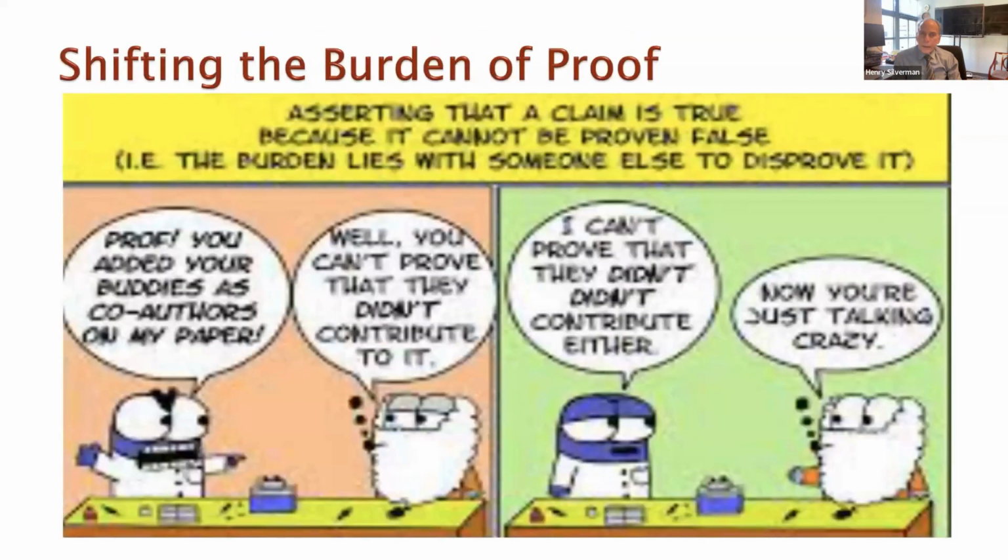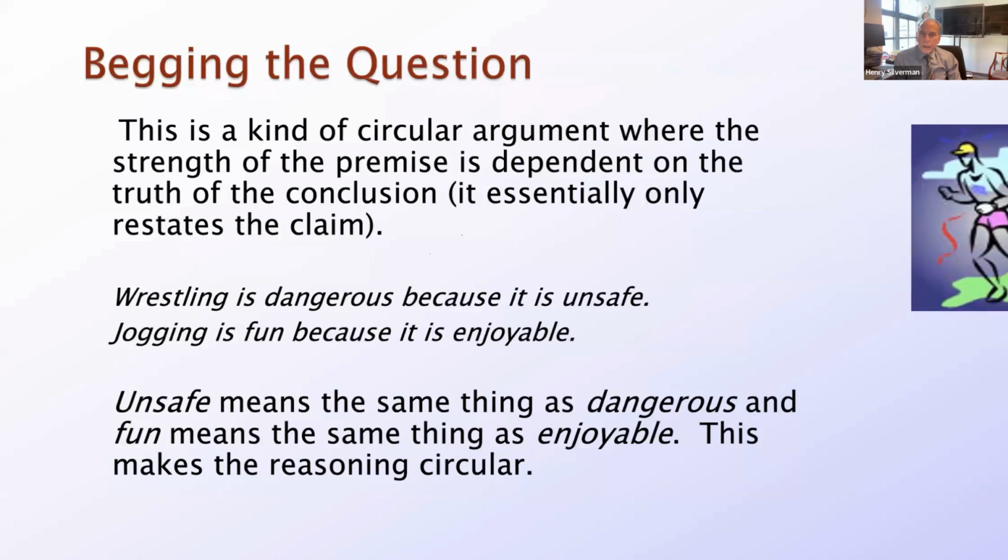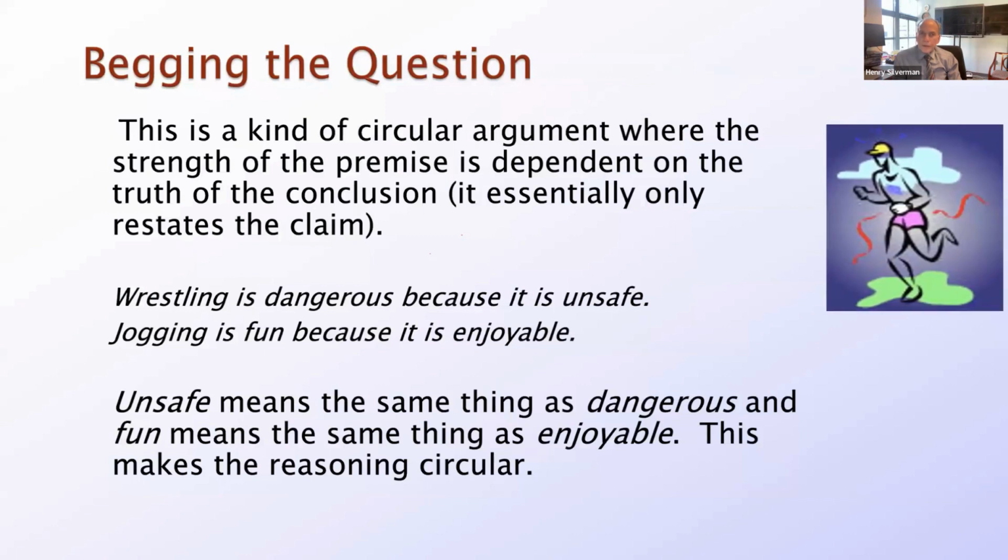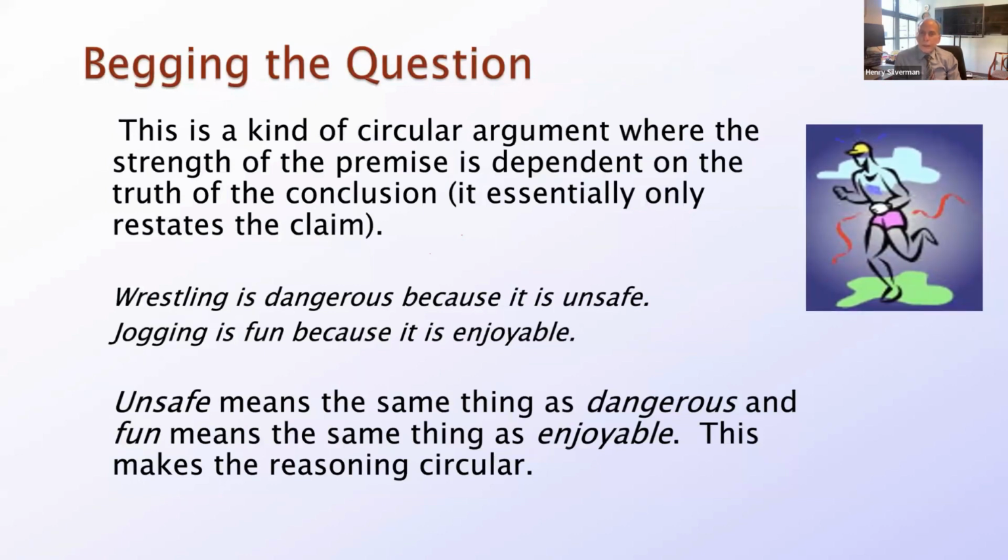And let me end by this, begging the question. This is a kind of circular argument where the strength of the premise is dependent on the truth of the conclusion. It essentially only restates the claim. So, for example, wrestling is dangerous because it is unsafe.